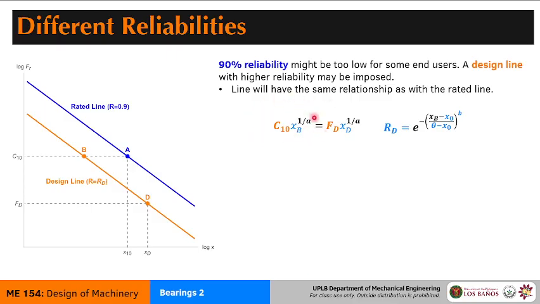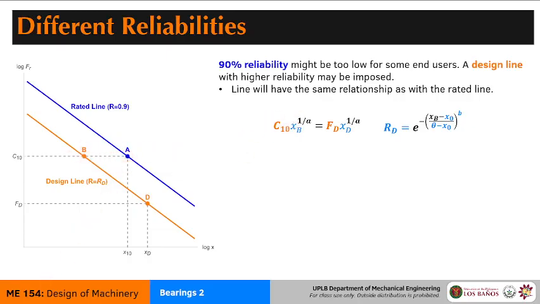It looks kind of weird, but if we track our graph, this is C10, this is C10, and it is partnered by point B. Point B will have an intersection called dimensionless life XB here. And the second point, the right-hand point, is just the force at point D, and the dimensionless life at point D.